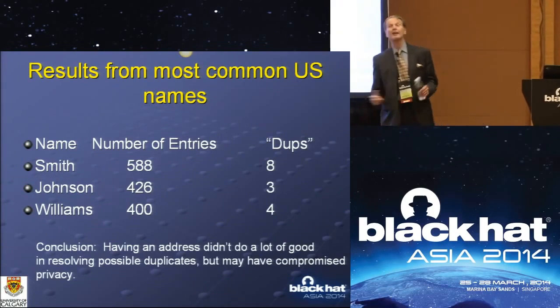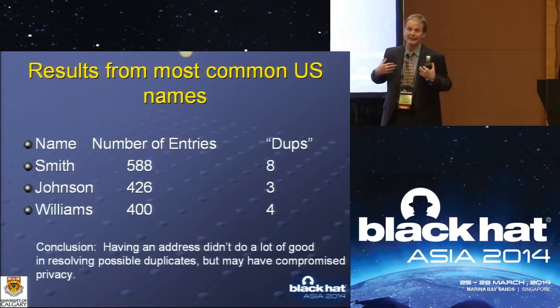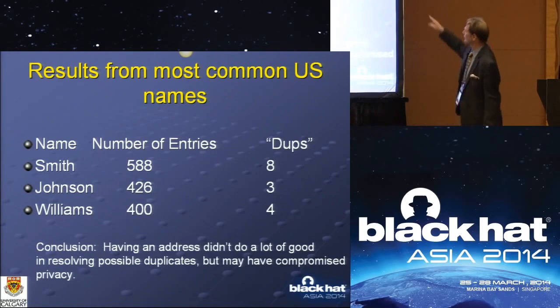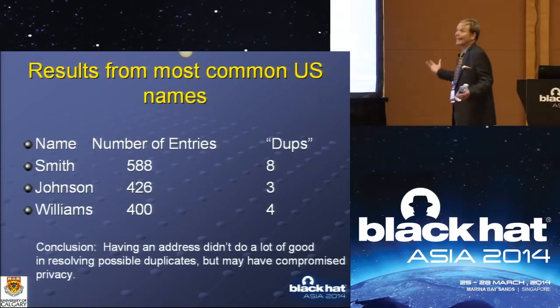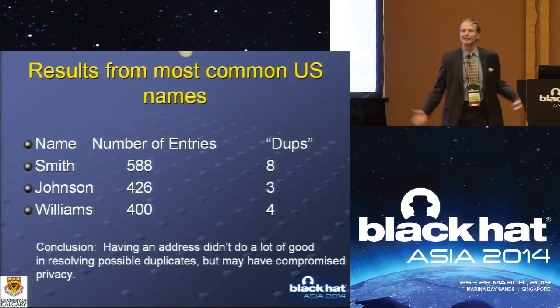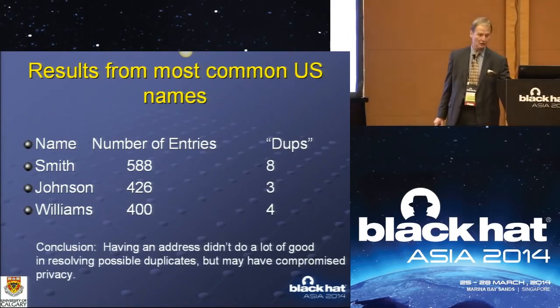And then using a very generous definition of duplicates, which is, could it possibly confuse me? I went through and I found 8 duplicates in the Smiths, 3 in Johnson, 4 in Williams. So my conclusion is that having the address really didn't do a lot to help you sort out duplicates, but it gave everybody's address away, which is kind of an invasive thing to do.